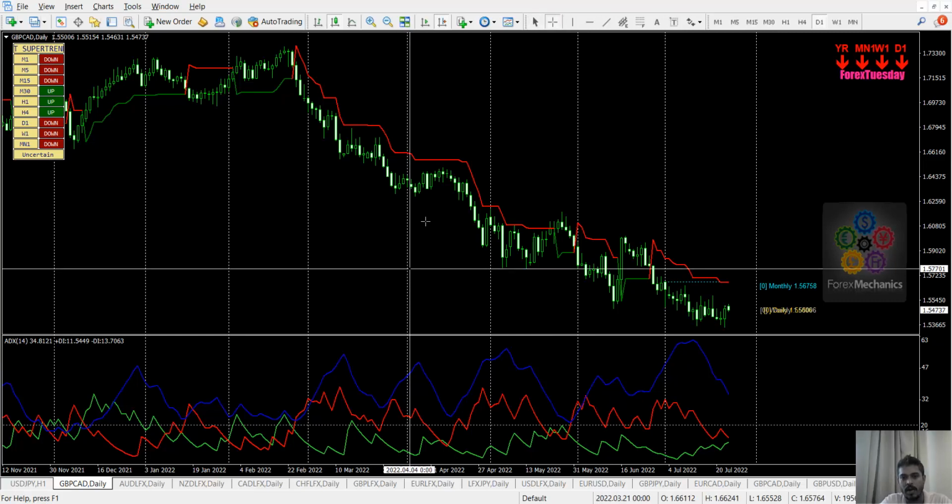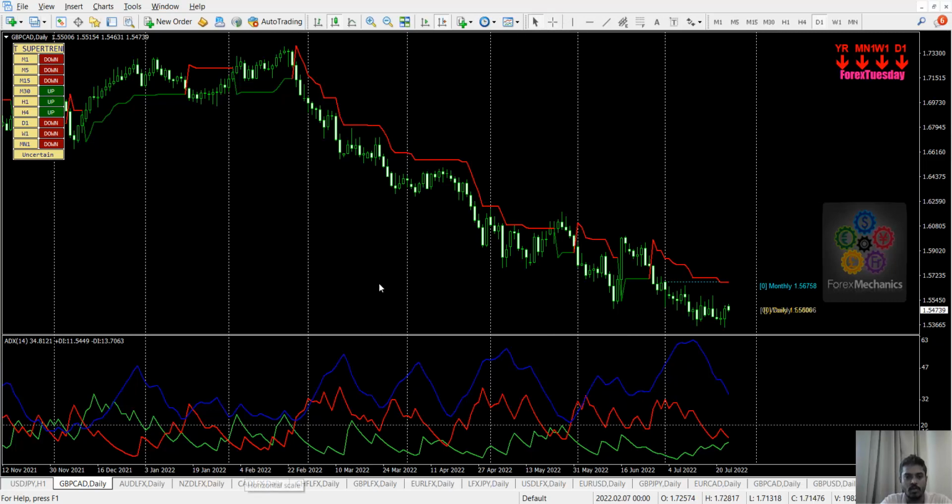So all I'm trying to tell you is that your job is first to identify which currency pair is really trending. Now, for those of you who don't have access to Light Forex, this is the option that you'll have to choose, where you'll have to look at 28 currency pairs and identify those pairs which are indeed trending.